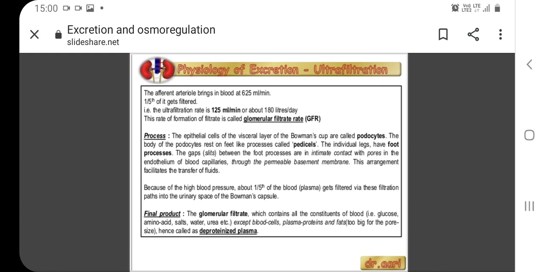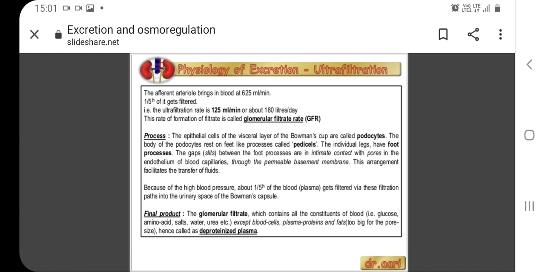So this filtrate which is passing through the nephron is passing under pressure, and it is because of this pressure we get about 180 liters of the filtrate per day. This is the ultrafiltration rate, also known as the glomerular filtrate rate.